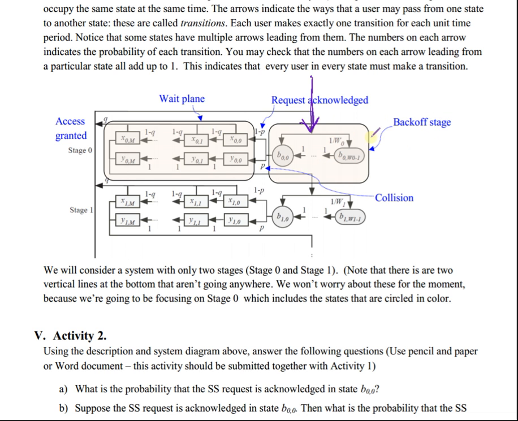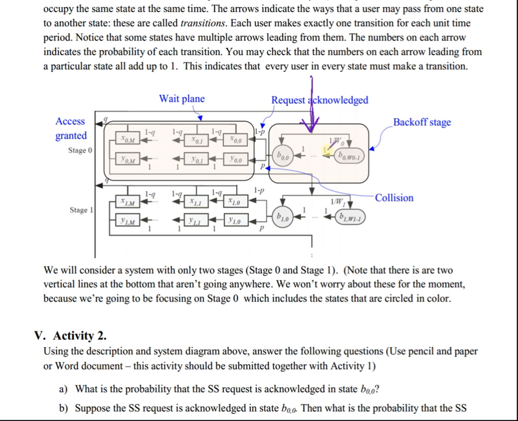Now, in the back-off stage, there's B00, B01, all the way up to B0, W0 minus 1. There are W0 different states within this back-off stage. Look at these arrows. They're all labeled 1. Here's B0, W0 minus 1. With probability 1, that goes to B0, W0 minus 2.